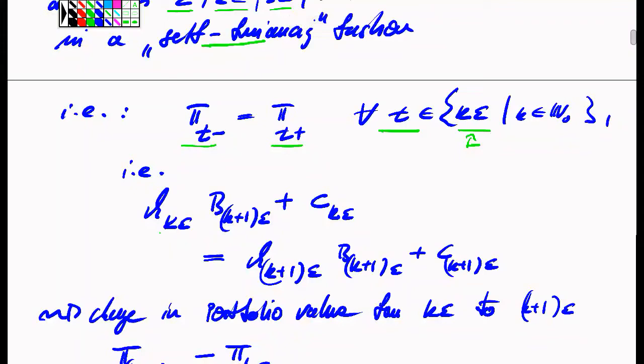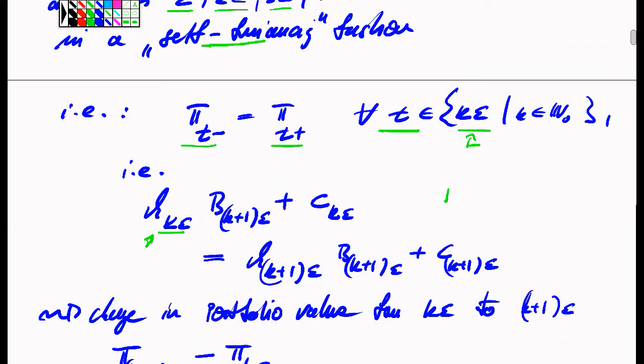Well, he's at the end of interval k epsilon. The amount of stock that the investor owns is still equal to theta k epsilon, which is the number of shares which he was possessing at the beginning of the corresponding interval.